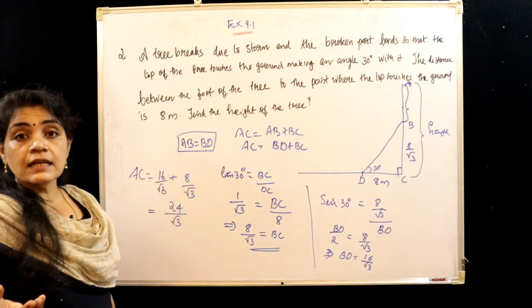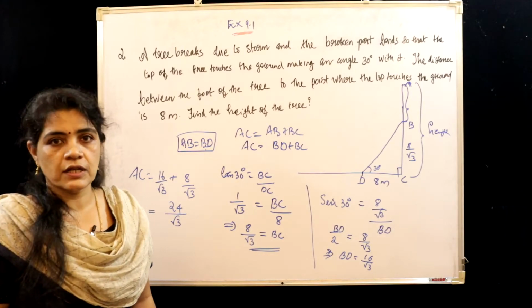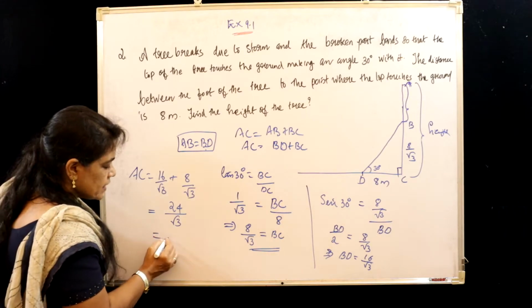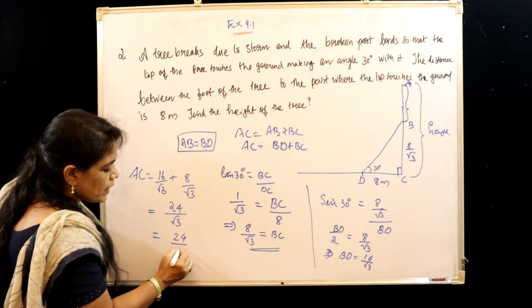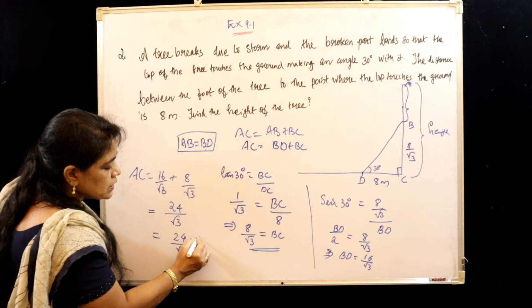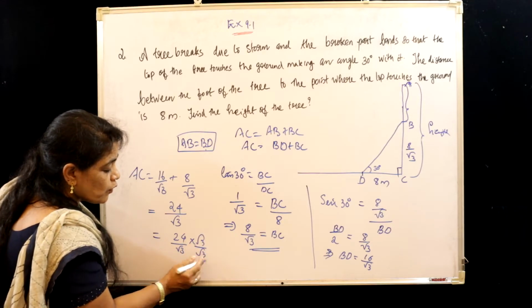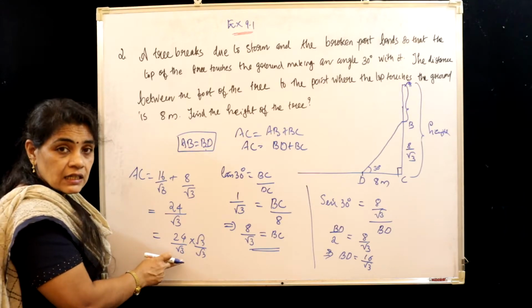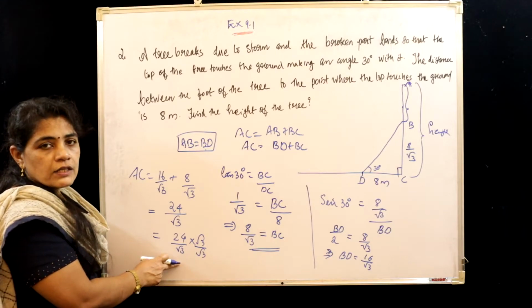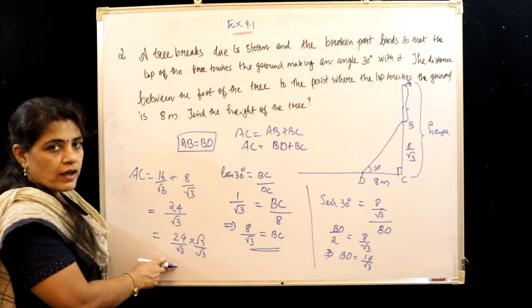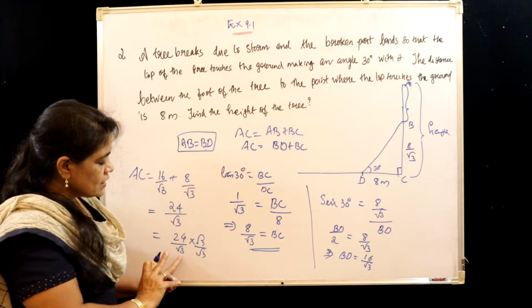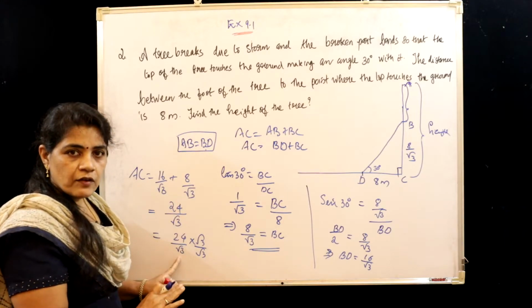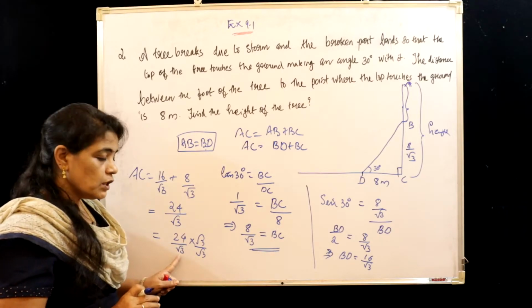But root 3 is an irrational number, so we have to rationalize. After rationalization, 24 by root 3 into root 3 by root 3. If only one term is there in the denominator, in the rationalization factor you have to just multiply and divide with that same number, that is root 3 only.